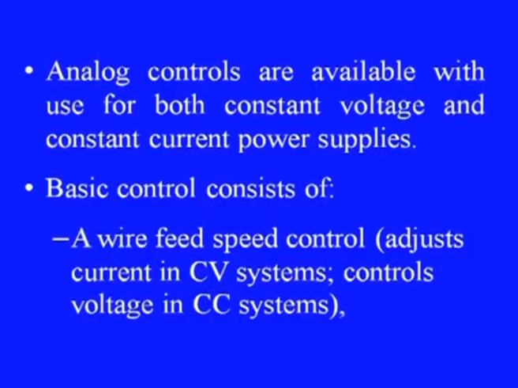Analog controls are available for use with both constant voltage and constant current power supplies. Basic control consists of a wire feed speed control, which adjusts current in constant voltage systems and controls voltage in constant current systems.